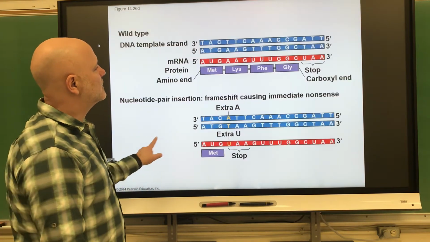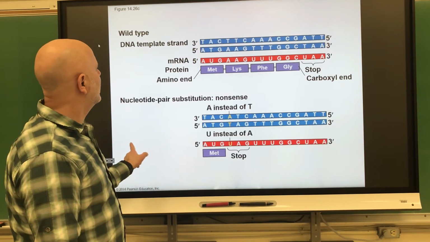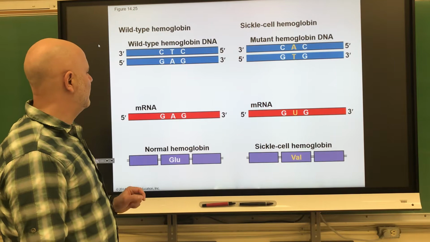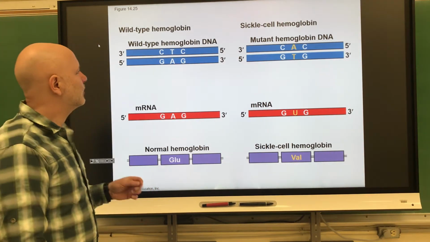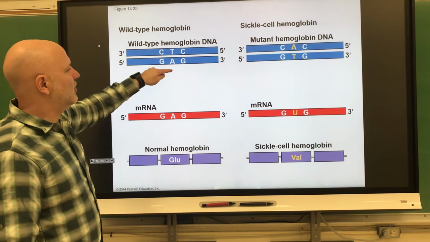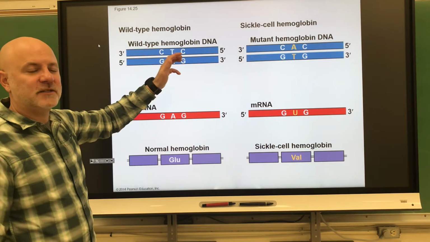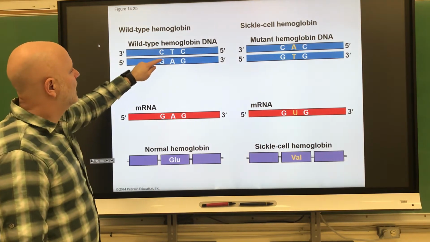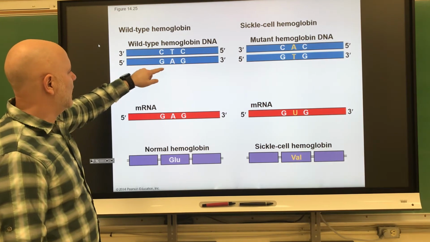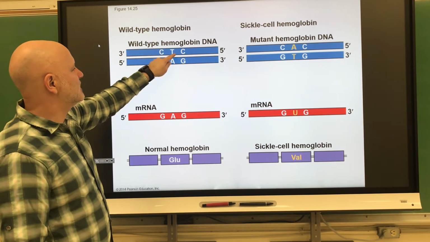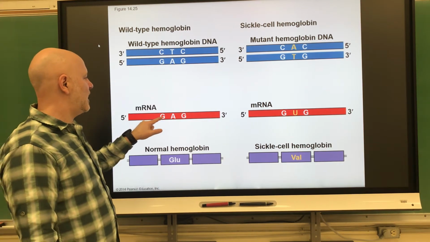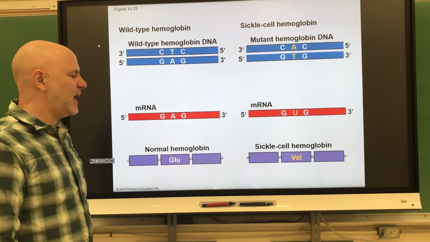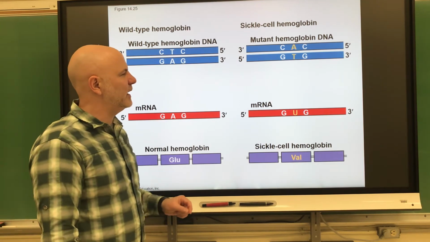All right? So let's get to an example of a point mutation in which we have something dramatically different. This is showing hemoglobin. Hemoglobin is the protein that transports oxygen in our blood. And this is the normal type, all right? Here's the sequence of CTC, which gives us the messenger RNA of GAG, and we get glutamate, and that gives us normal hemoglobin.